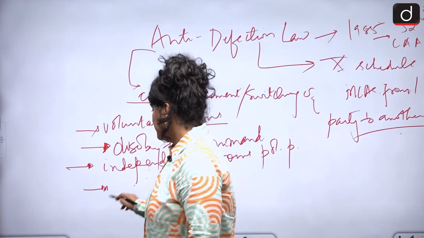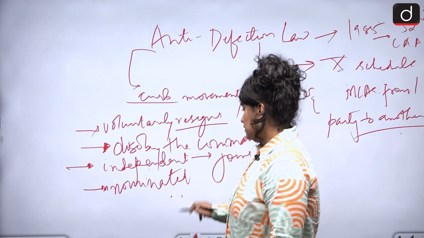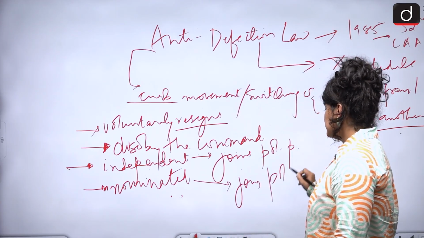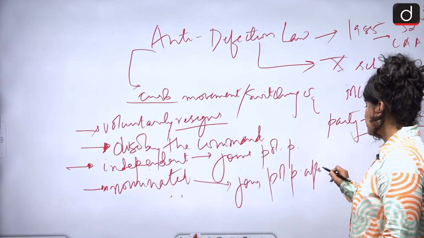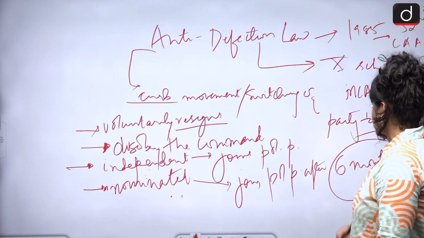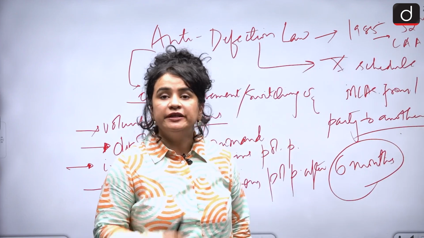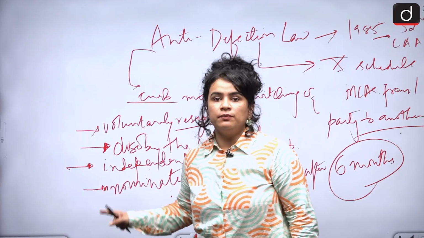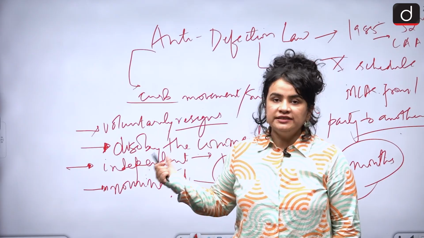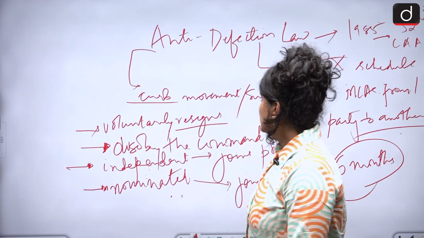And finally, if a person has been nominated but chooses to join a political party after 6 months of his election, then this also disqualifies him from the seat.